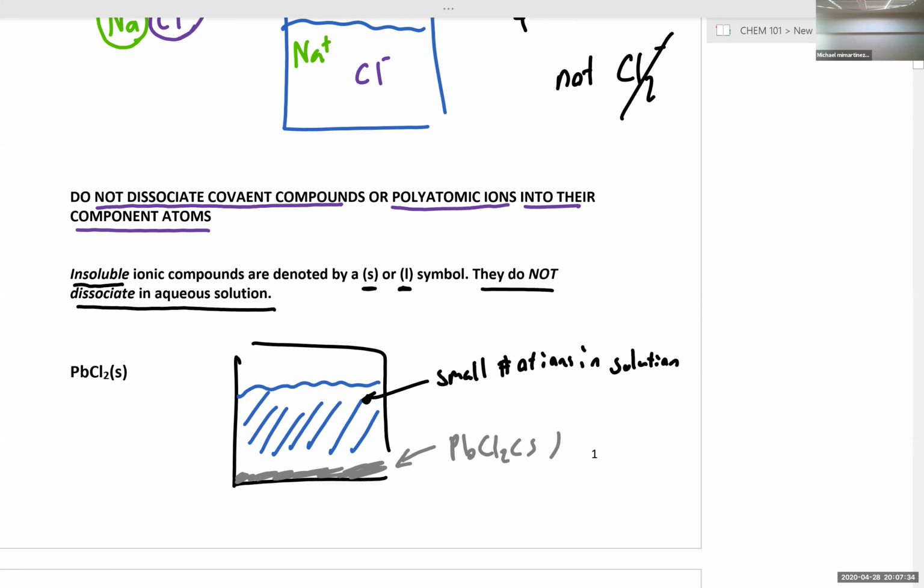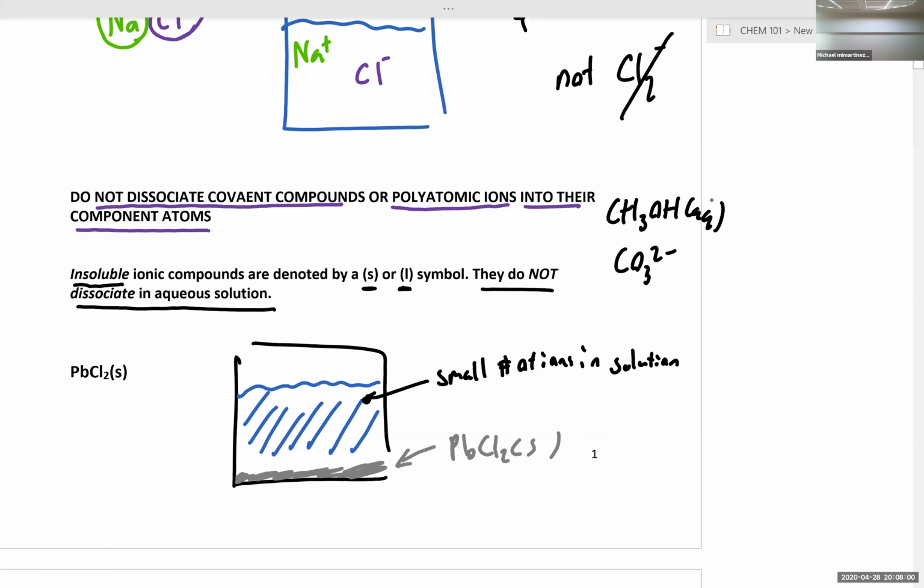Okay, perfect. So an example of a covalent compound would be methanol. An example of a polyatomic ion would be carbonate. These species you don't break down further because they're not ionic compounds. A polyatomic ion is a covalent species.